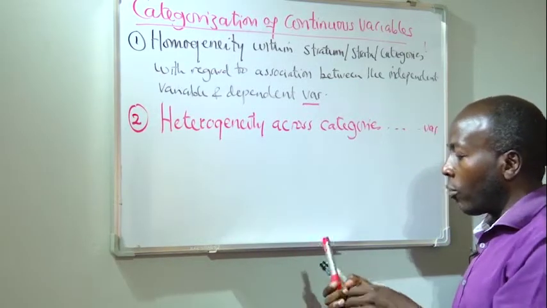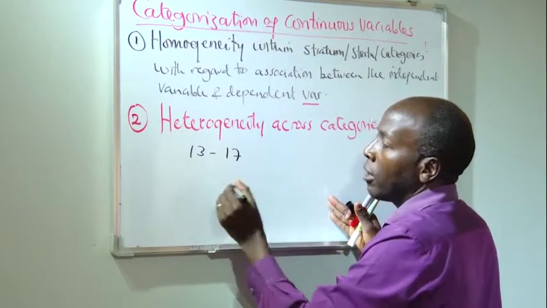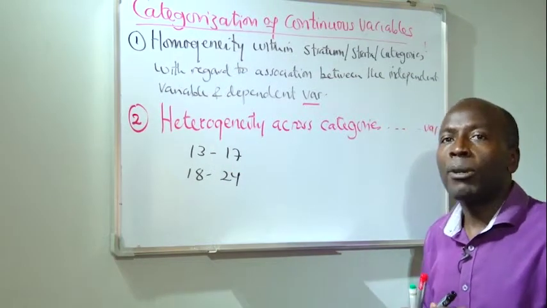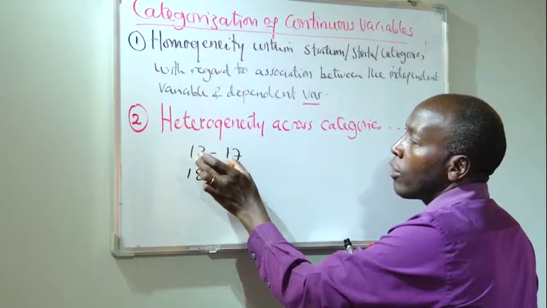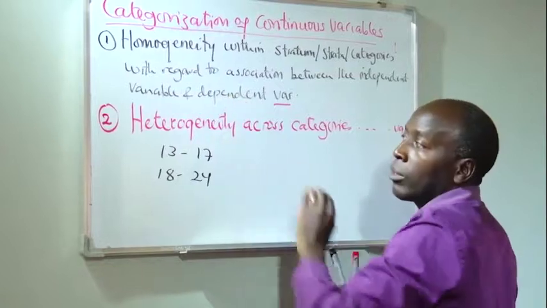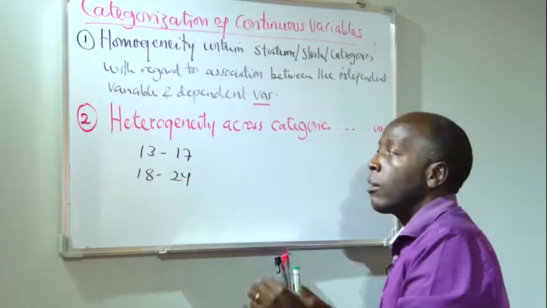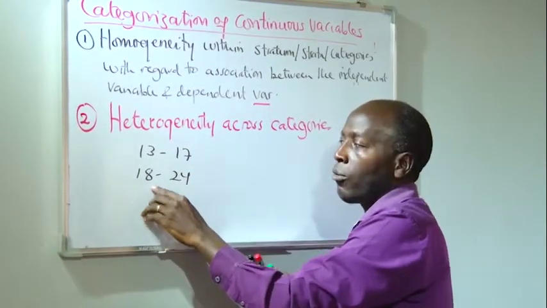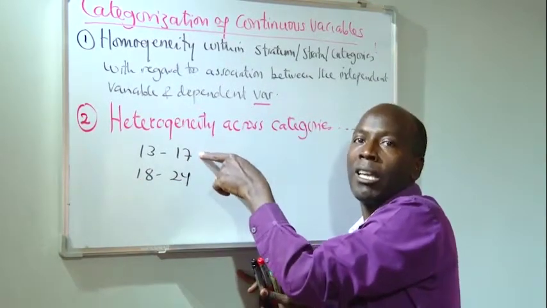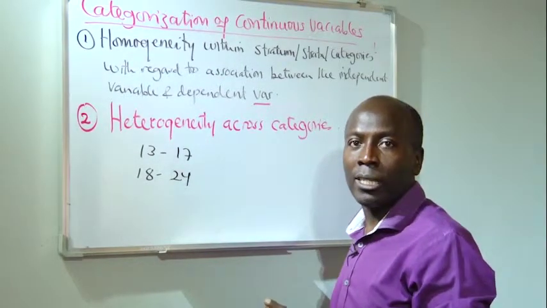If I do 13 to 17 and 18 to 24, I automatically imply that the 13 to 17 are similar, they are homogeneous with regard to their association with the outcome. So that means I can lump them together. But the fact that I've created another category of 18 to 24 means that this category differs from this category with regard to the association with the dependent variable.